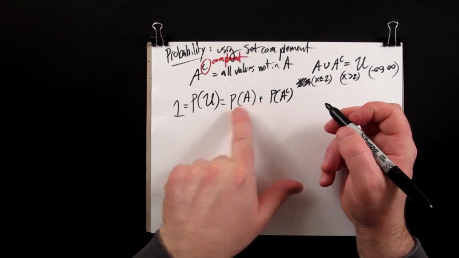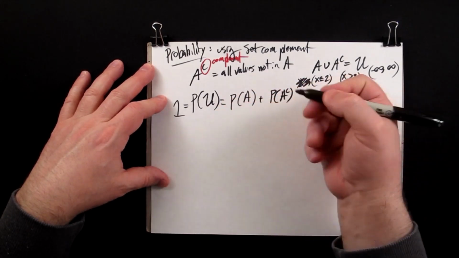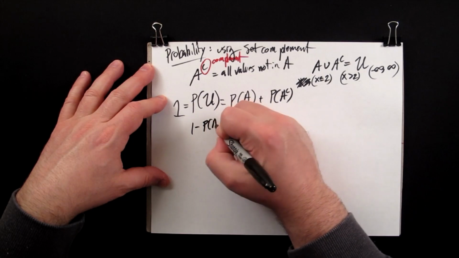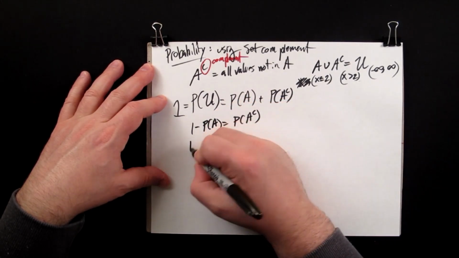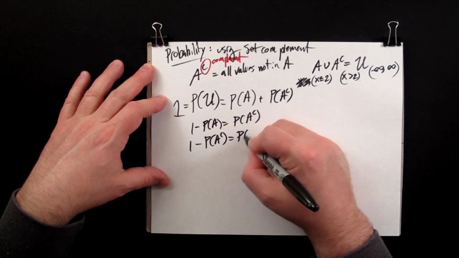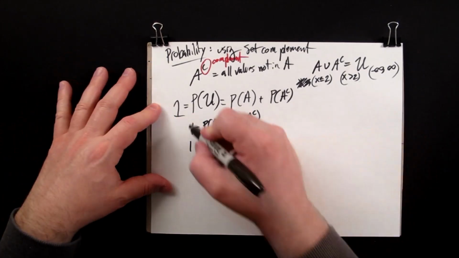Well, maybe one of these is easier to calculate than the other. So 1 minus the probability of seeing something in A is the probability of seeing something in A complement, or 1 minus the probability of seeing something in the complement of A is the chance of seeing it in A, right? You just subtract it from 1.